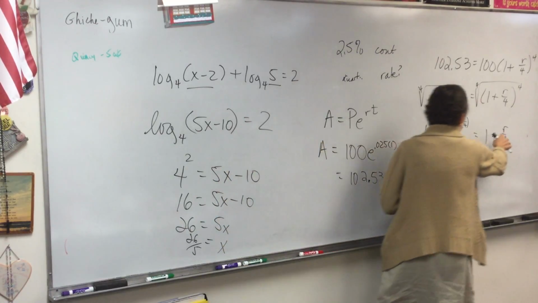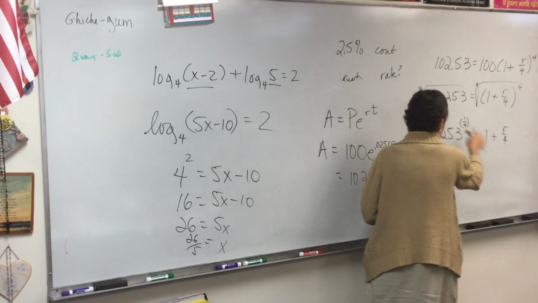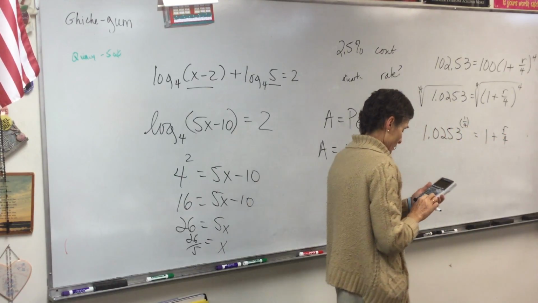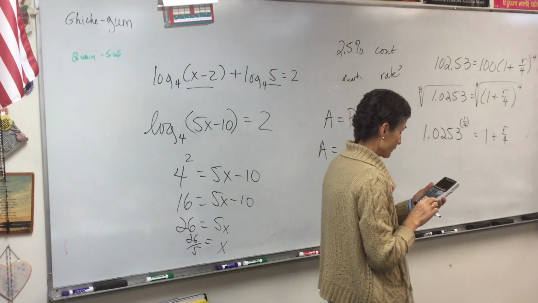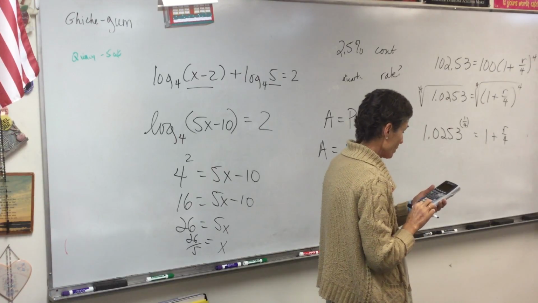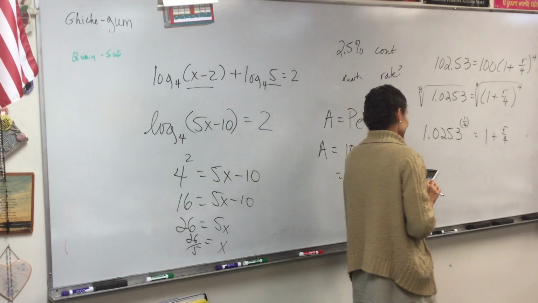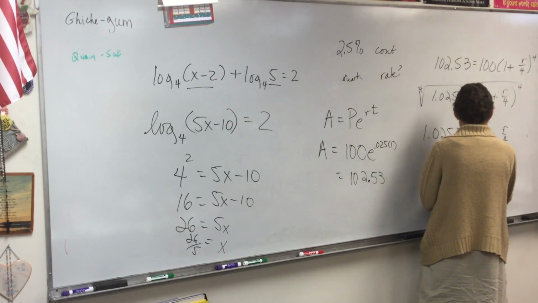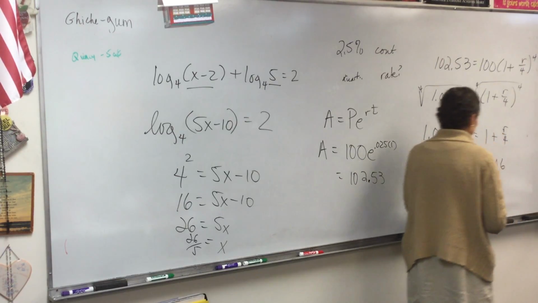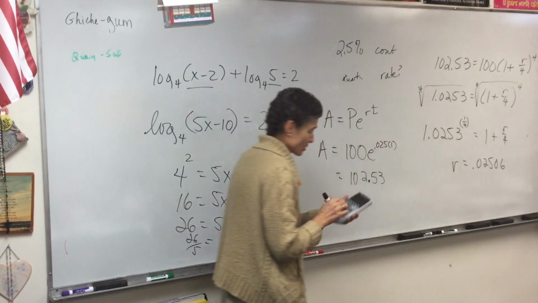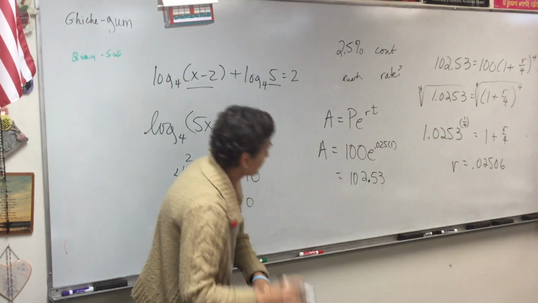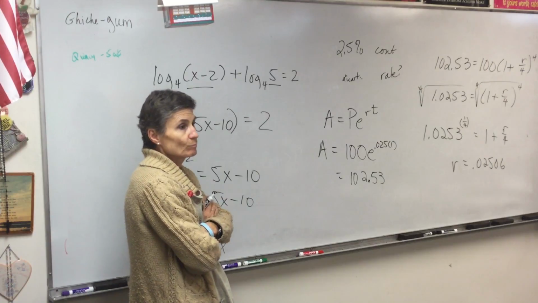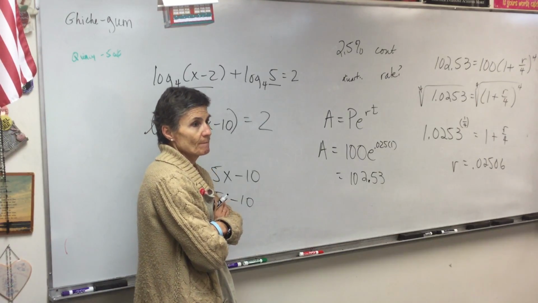And then remember, you're solving for r. So once you get that typed in, you have to subtract 1 and times by 4. It's really close. That interest rate is 0.02506. So in order to match that, you'd have to offer 0.02506, which is about the same percentage.